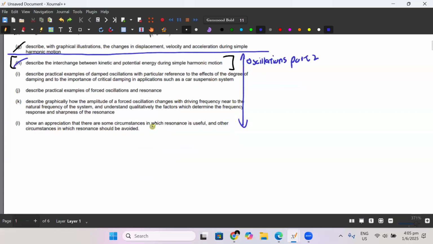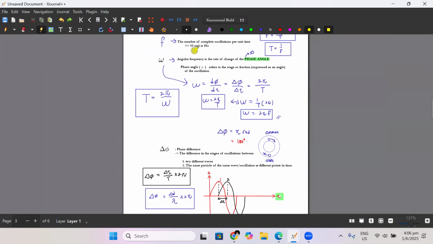Okay, then next. So they also want you to know damped oscillation. Okay, and they also want you to know the effects of the degree of damping and the very important aspects of critical damping. Okay, so let's visualize this. Oscillations, damping, quite easy one.